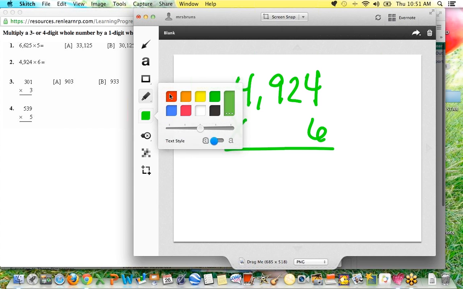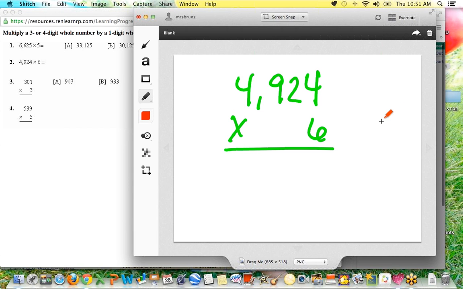Okay, so you should all be kind of plugging through it. I'm going to start slowly showing you the steps. 4 times 6, 24.